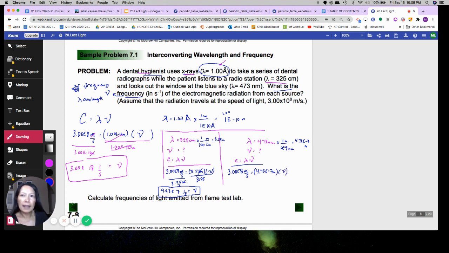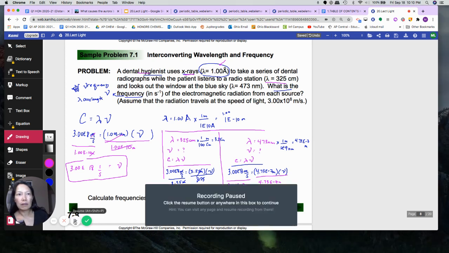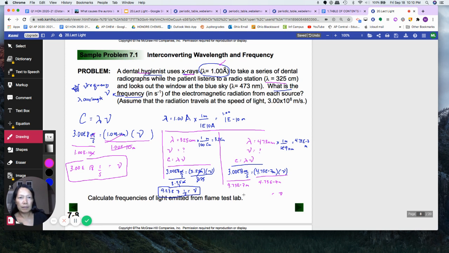Then divide by 4.73 E negative 7 meters on both sides. The frequency would be equal to 6.34 E14 1 over s, because the meter cancels.